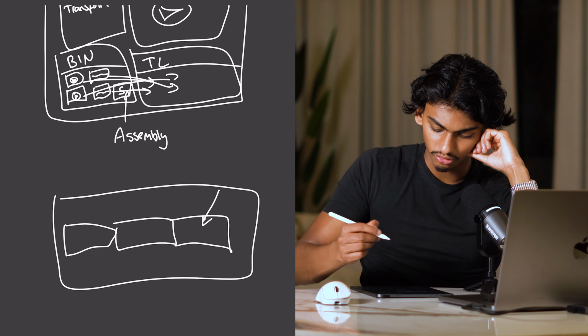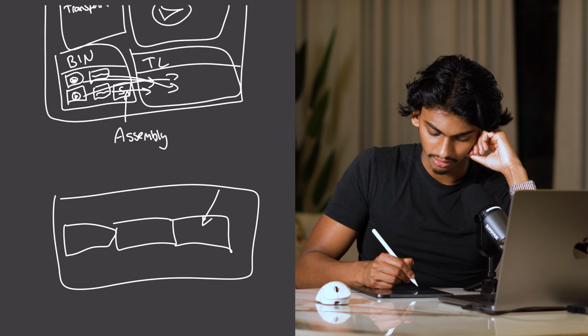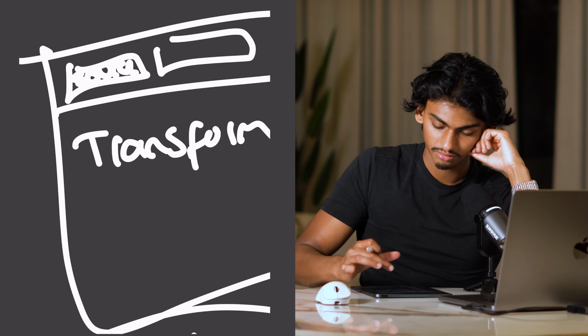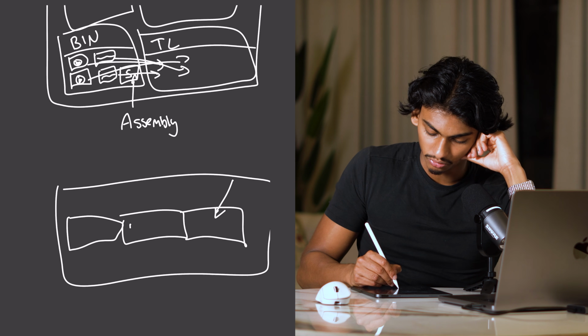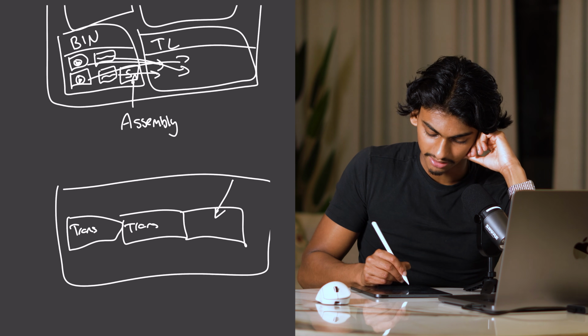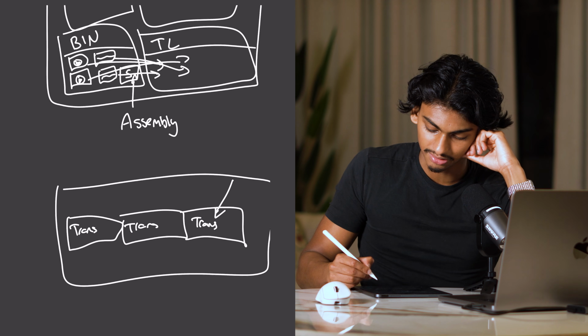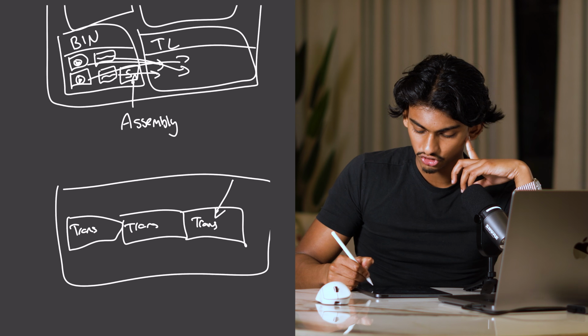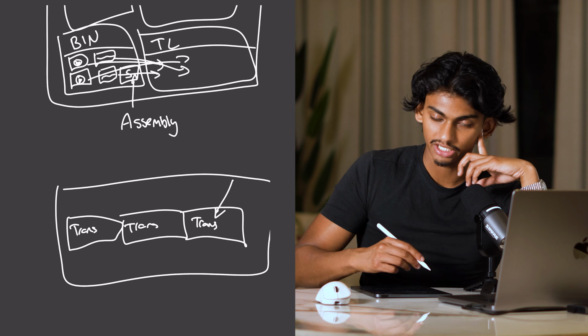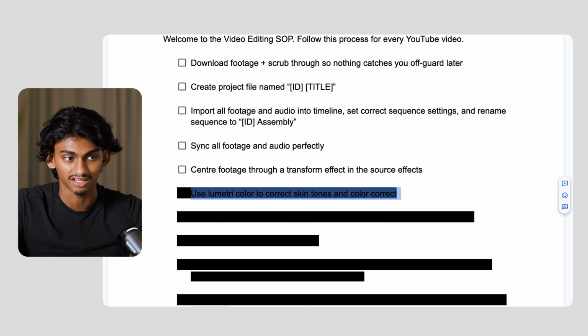But if we click on this clip and then we go to the source effects, by adding it to this one clip, it adds it to all of these clips automatically. And the best part about this is, let's say you realize that, wait, this clip wasn't centered properly. You can just change one of the transforms and it would apply it to all of them. So I always center my footage through the source effects, not clip effects.